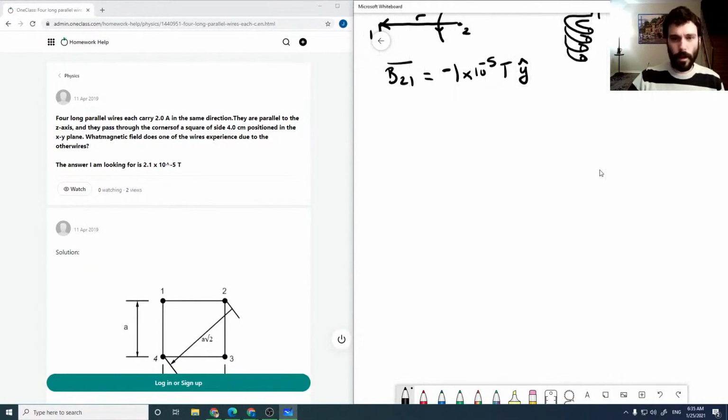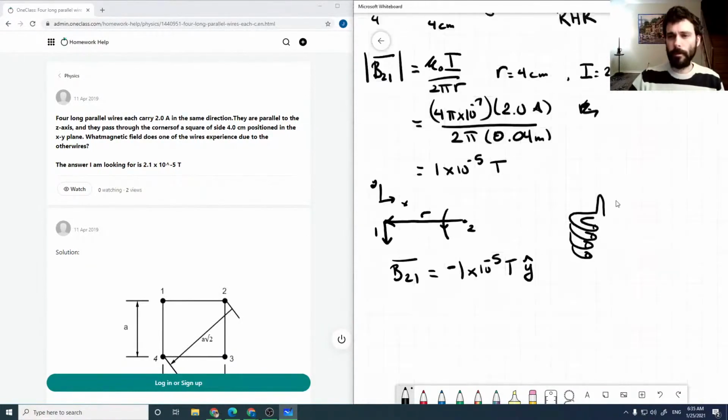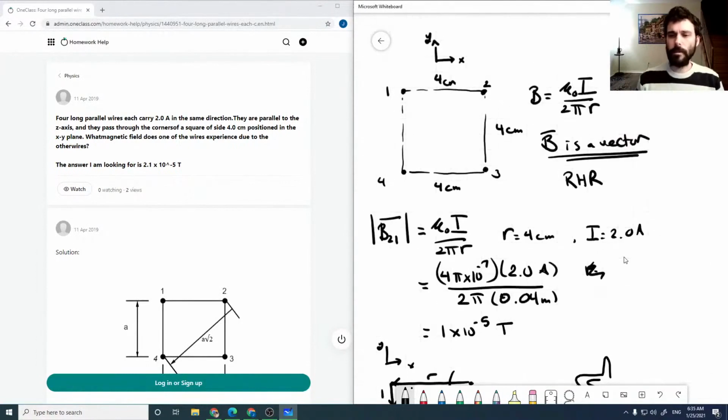Okay, now we can do 4 pretty readily as well, right? So 4 is going to be pretty much the same as 2.